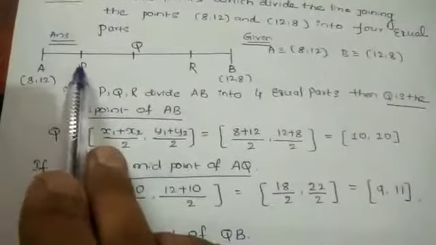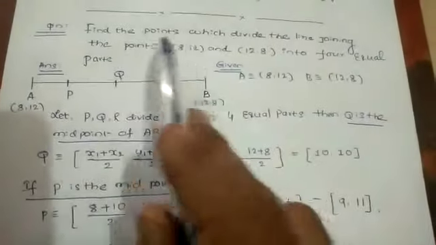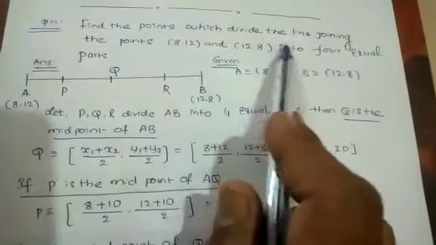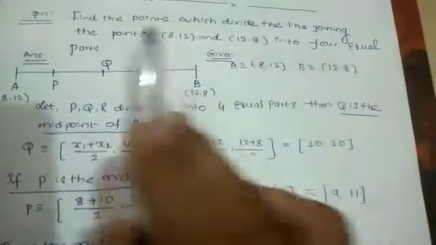So this is one part, second, third and fourth. Therefore, these three points divide the line joining the points into four equal parts. So this is an example on the midpoint formula.